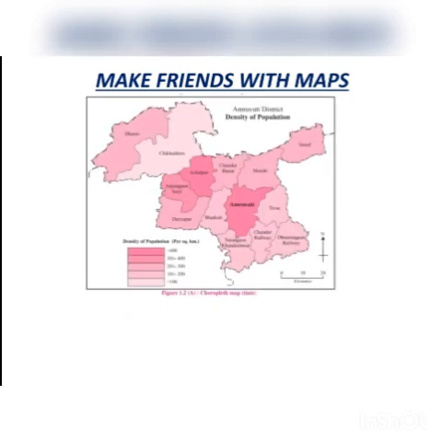Let us do the activity given on page number 3 of your textbook. Make friends with maps. This is a choropleth map of Amravati district showing density of population. You can see in the index they have made 5 classes.